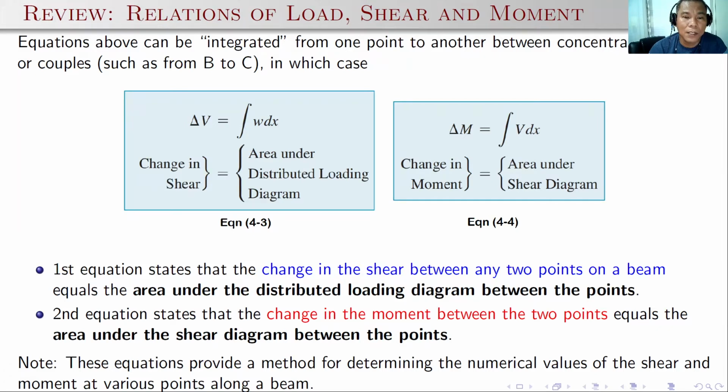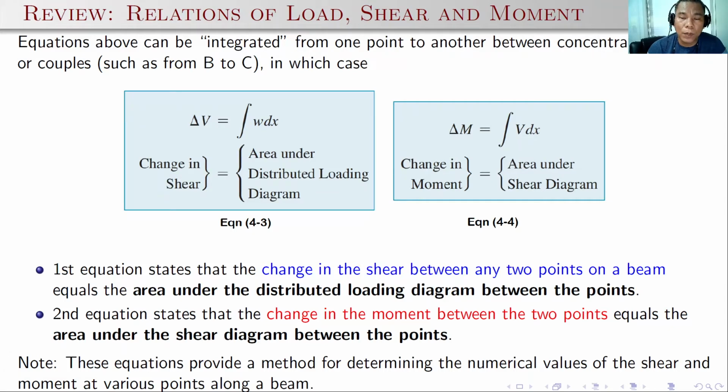This change in shear is equal to the area under the distributed loading diagram, or it can be stated as the change in the shear between any two points on a beam is equal to the area under the distributed loading diagram between the points. So this is a very useful equation in drawing the shear diagram.